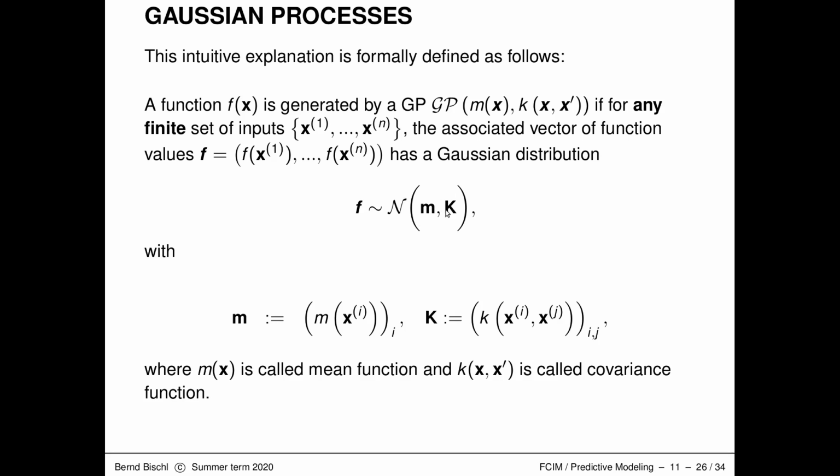And these are computed and specified by these two functions, by the mean function m and by the covariance function k, and I assume these to be part of the definition of my Gaussian process, so they are given. So I, as a modeler, have to decide these. They fix my Gaussian process.